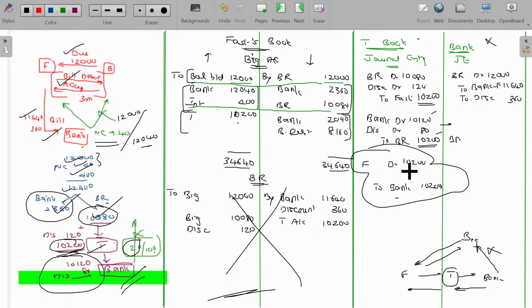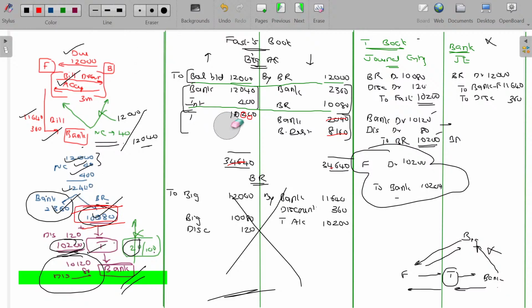So while reversal, again I start with 10,080 only to be recoverable. That's how I have posted here 10,080, and this will also have the impact as per that provision here. You can make a change because originally the bill being 10,080 only.